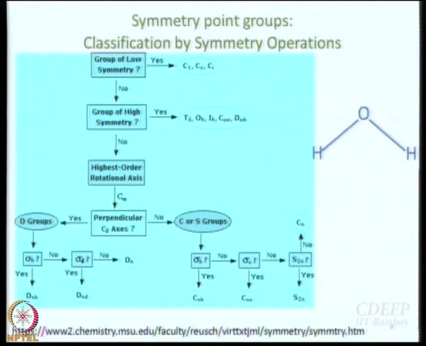Do you have a point of inversion? No. Do I have an axis of symmetry, simple axis? Yes, you all agree? Where is it? Here. And it's a C2 axis. Okay. Any other axis? No.